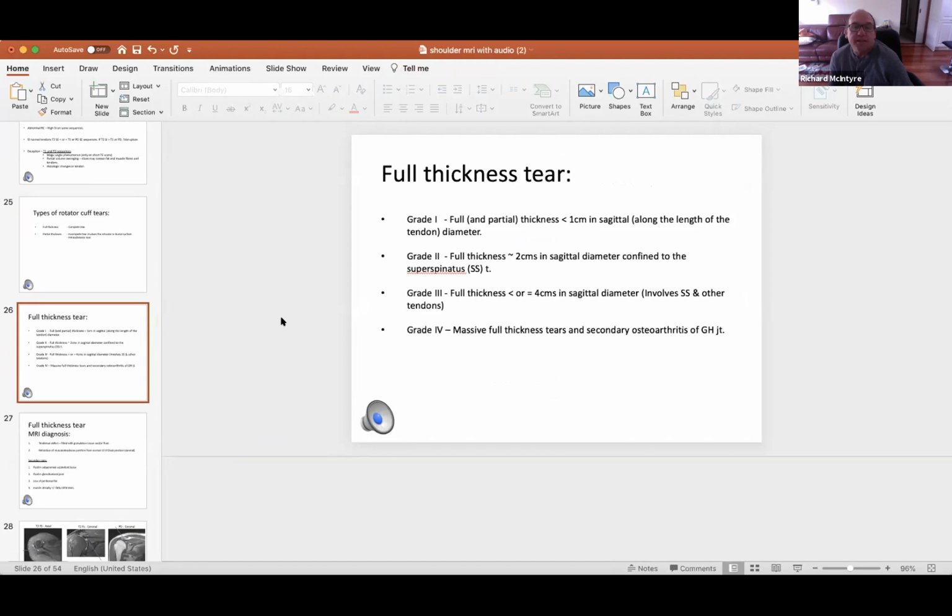A full thickness tear less than 1 centimetre in the sagittal, or along the length of the tendon. Full thickness tear about 2 centimetres in the sagittal diameter. Full thickness tear is grade 3 and grade 4. So that's not rocket science. Grade 1, grade 2, grade 3, grade 4, massive full thickness tear and secondary osteoarthritis.